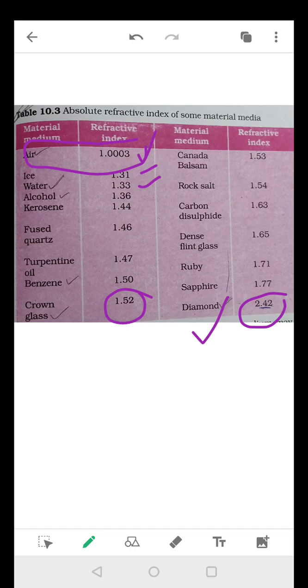So you can be asked to calculate refractive index based on this table, or you can be given the values in the numerical. You can be asked to calculate, right? So this table is very much important.